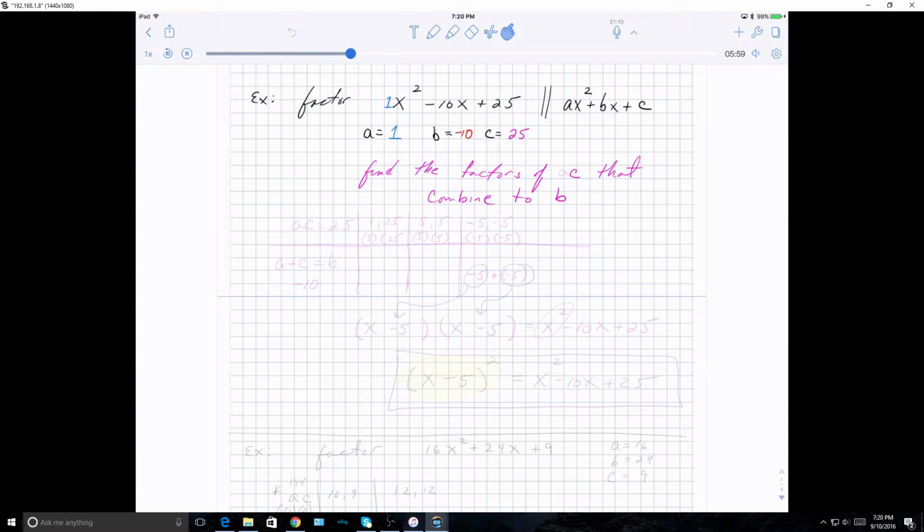So if we just do this and we say C is equal to 25, and we need, it's actually AC, so I should fix this. Find the factors of AC that combine to B.